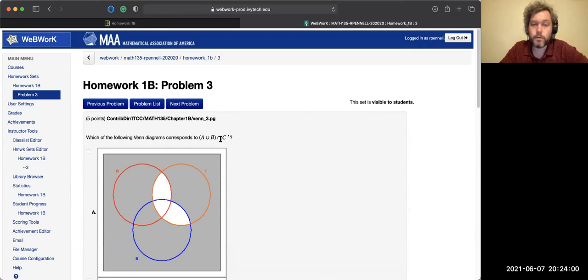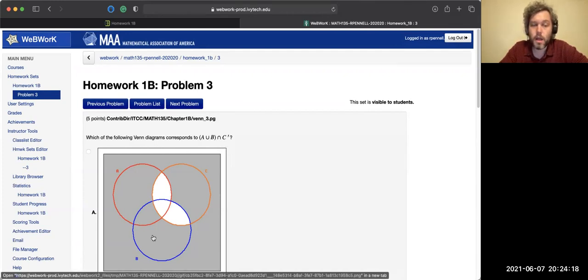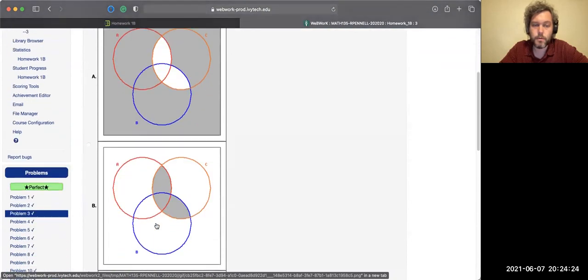And then we want to intersect that with C complement. So what does that have in common with not C? It's kind of like saying A union B minus C. That's what this statement is saying. A union B minus C. So we want just all of A, all of B, take away the C parts. We don't want C. Okay, so that would not be true for this part.